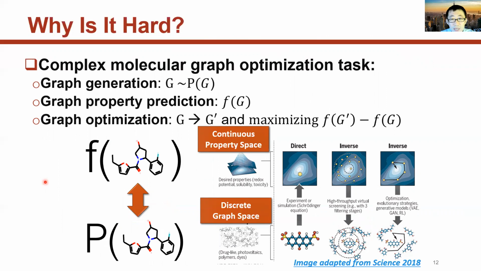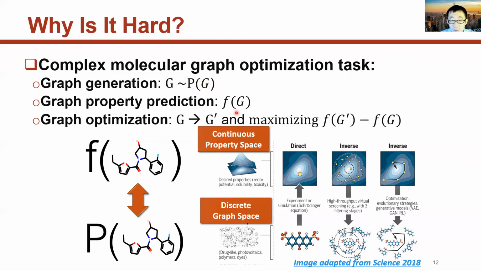Second, why is it very hard? The molecular graph optimization task is a novel and very complex task, which consists of 3 subtasks, including graph generation, graph property prediction, and graph optimization. Graph generation means to learn a generative model, namely a distribution of graphs. Generation is just sampling from the learned graph distribution, P_G.